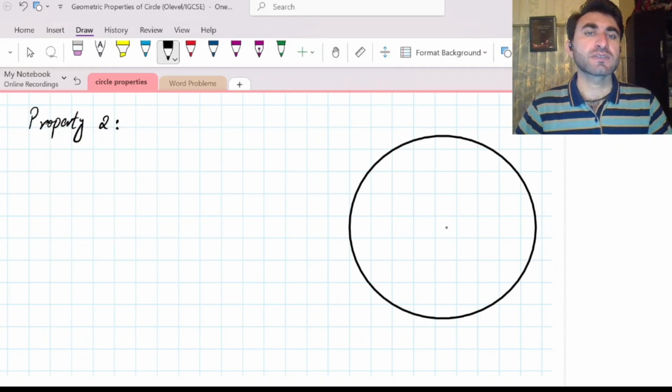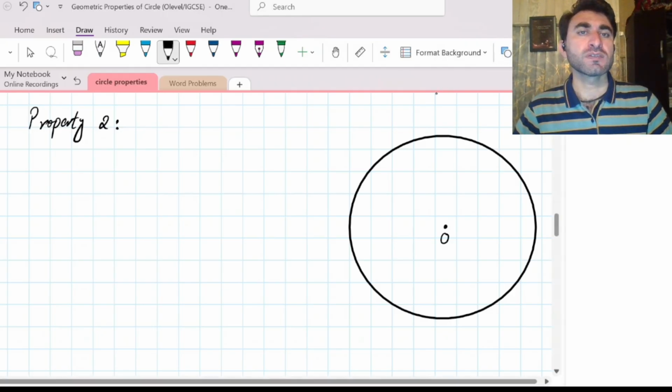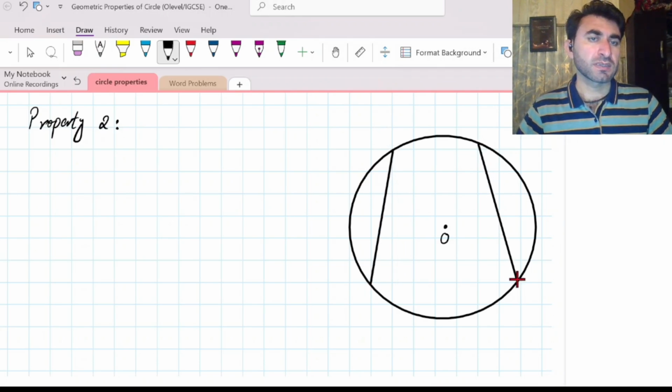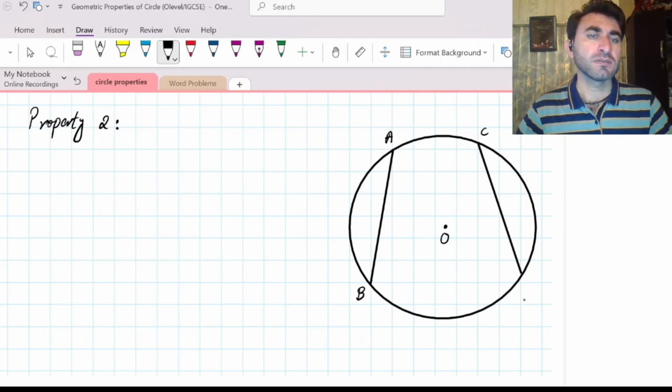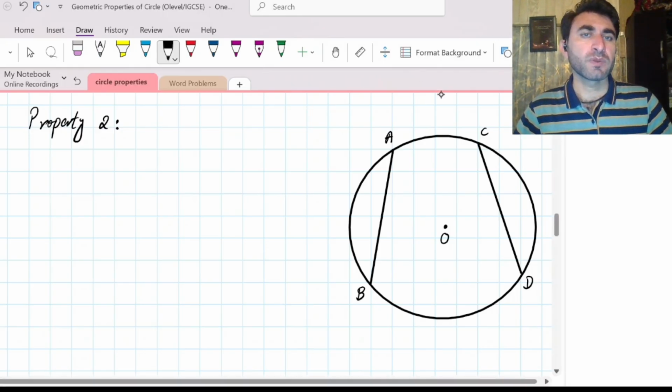let us say we have a circle with center at O, and we have two chords this time. Let's say we have this one as one of the chords and there is another chord over here. Let's name this one AB and this chord CD, and then we take the perpendicular distance of the center and the chord.